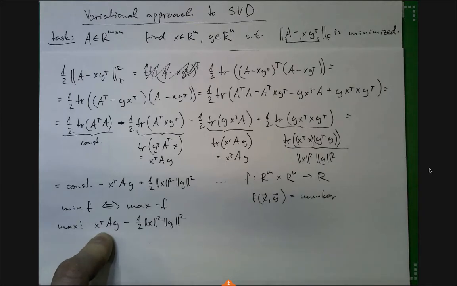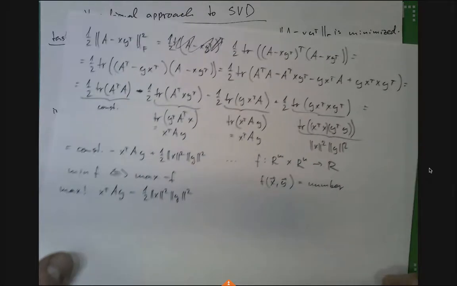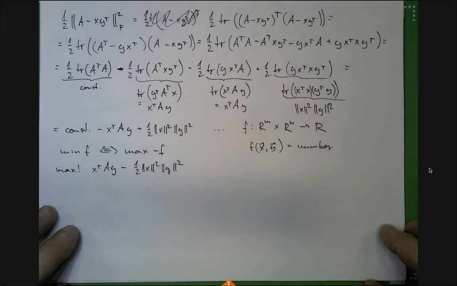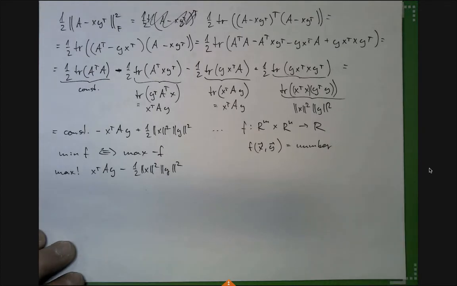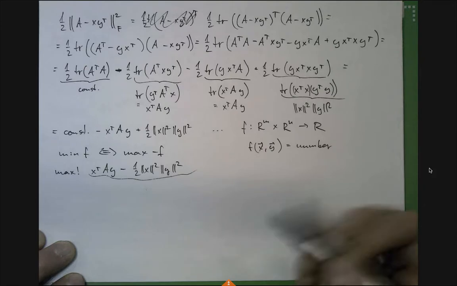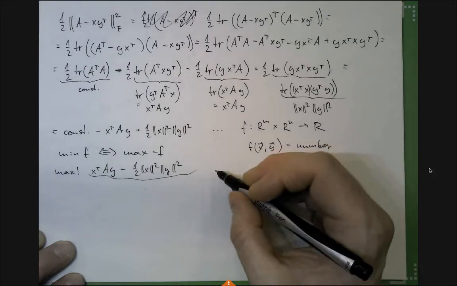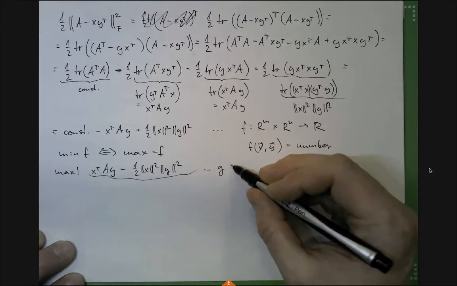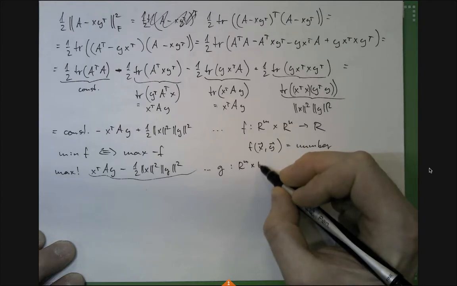This will give you critical points, which are the suspects for being a maximum. Okay, so let's do exactly that, because that's going to give us something quite interesting here. So let's say that this is our function, function g, with exactly the same signature, Rm times Rn to R.